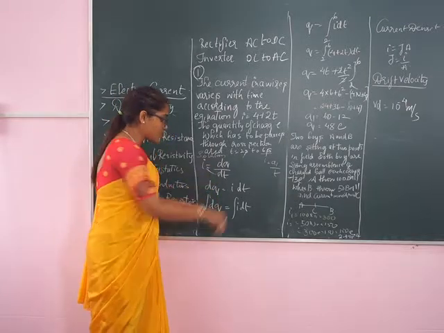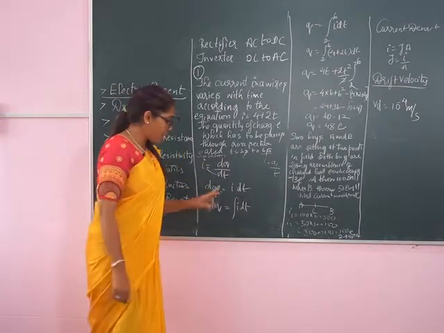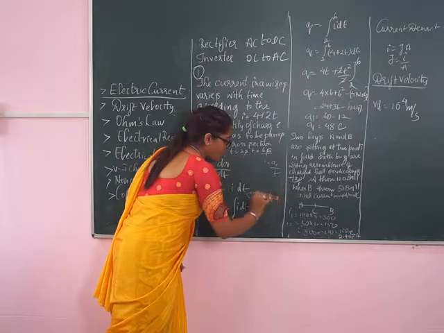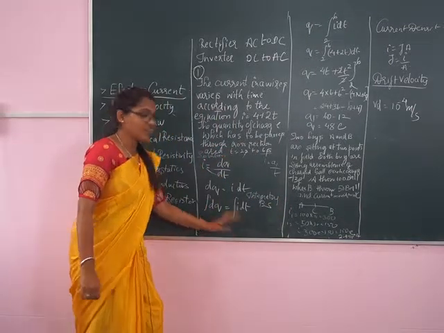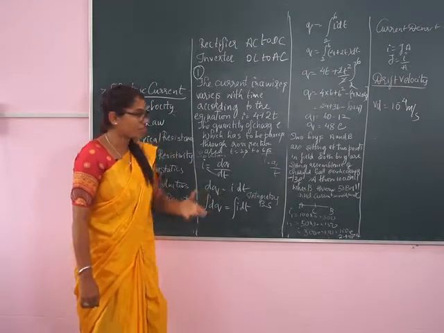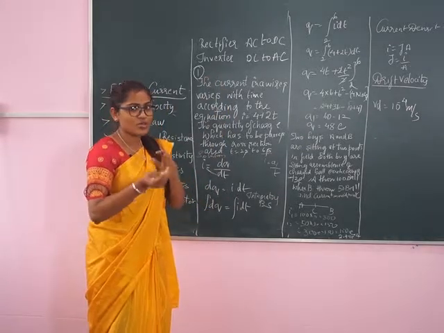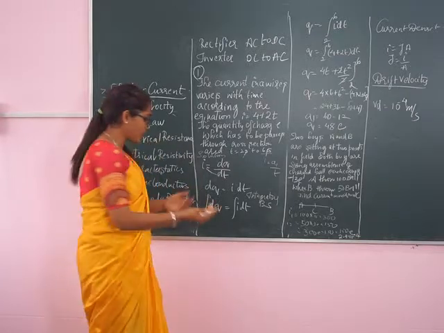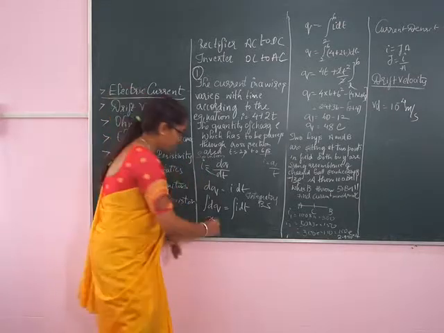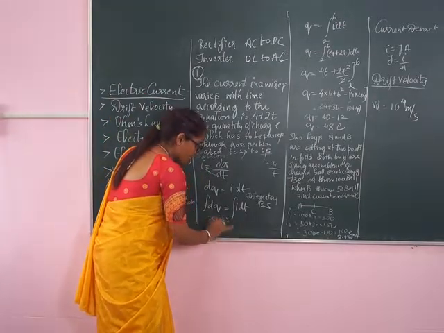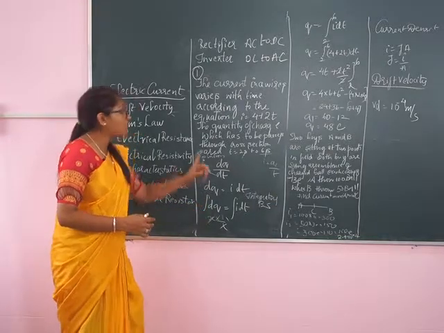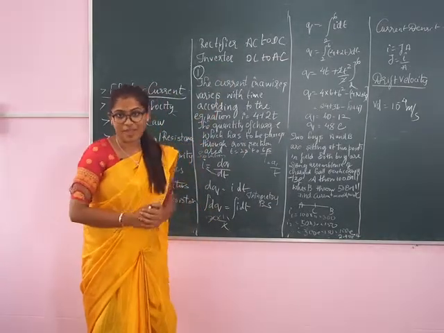Cross multiply: dq = I dt, and integrate both sides. I'll tell you a simple way to see why we write q: integration is the reverse of differentiation, so the integral of dq is simply q.